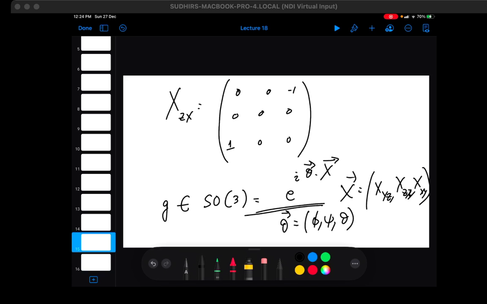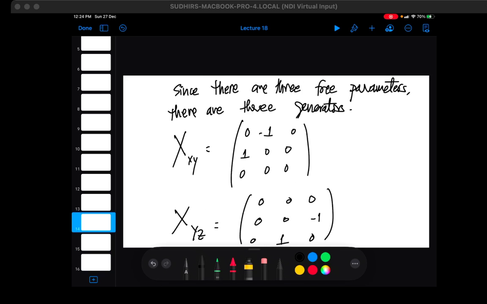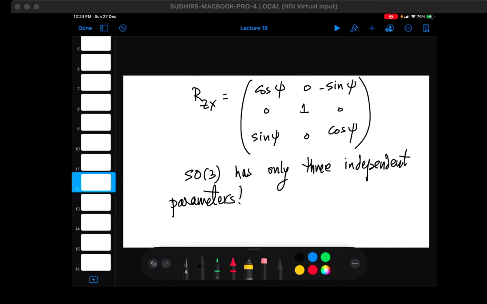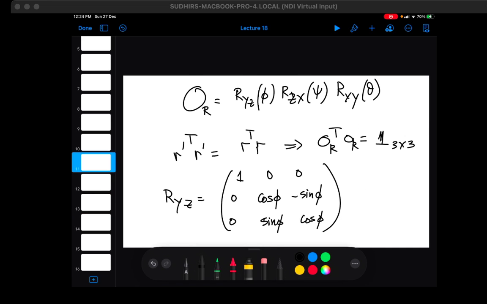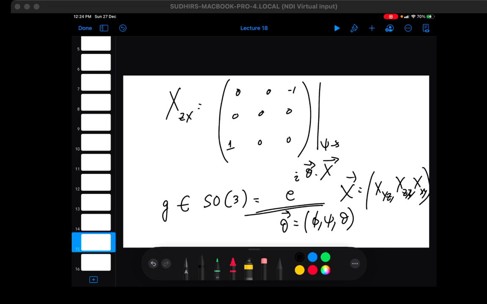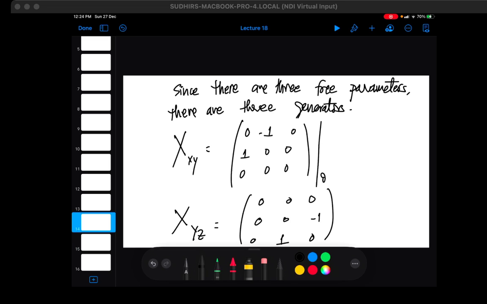So for small theta, exactly like what we did, for example here, for the generators: when xz we call it psi, so xz would be psi, and this is psi tends to 0. xy is theta tends to 0. This is phi tends to 0. Okay, in the limit, the derivative term we wrote down, that's how we can derive this essentially.